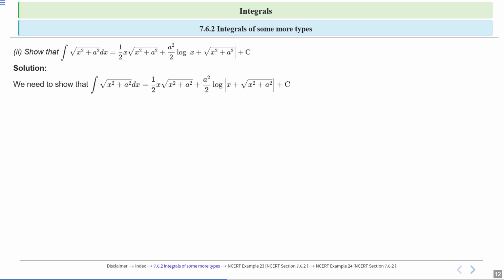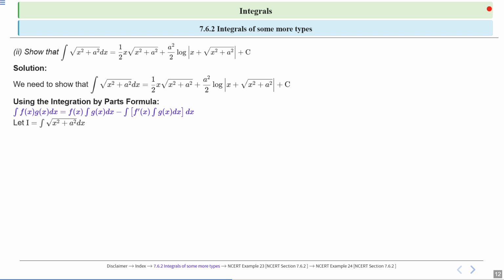Okay. So using the integration by parts formula, when we integrate f(x) into g(x) dx, we get f(x) times the integration of g(x) dx minus the integration of f dash x, that is the differentiation of f(x), into the integration of g(x). Okay.